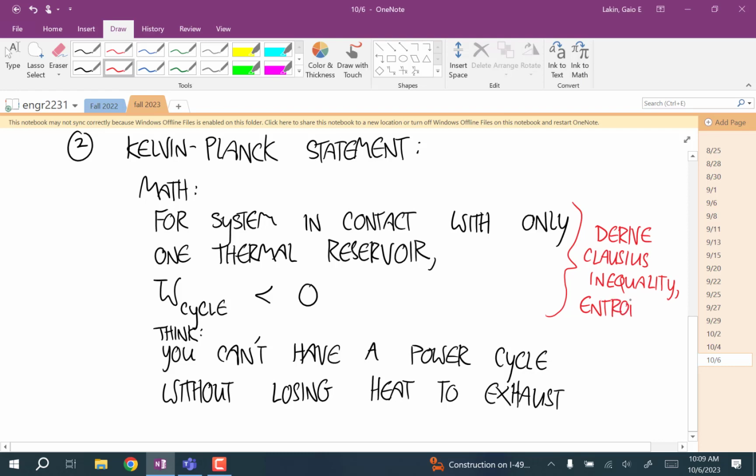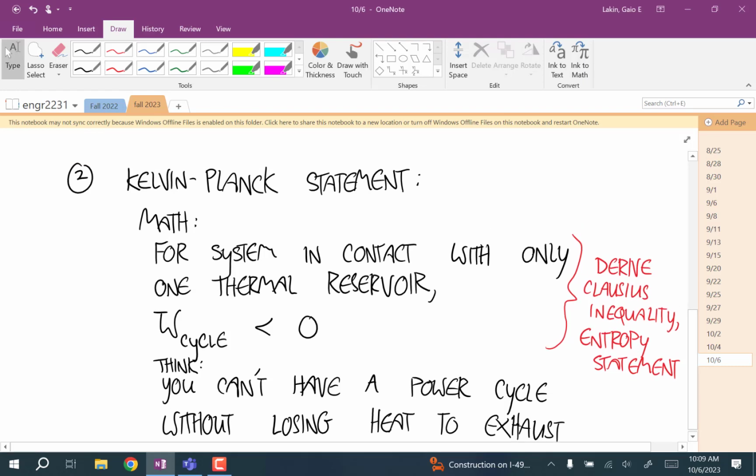And the entropy statement. This Clausius inequality is going to be important to us. We're going to spend a little time on it in a couple weeks, I think.